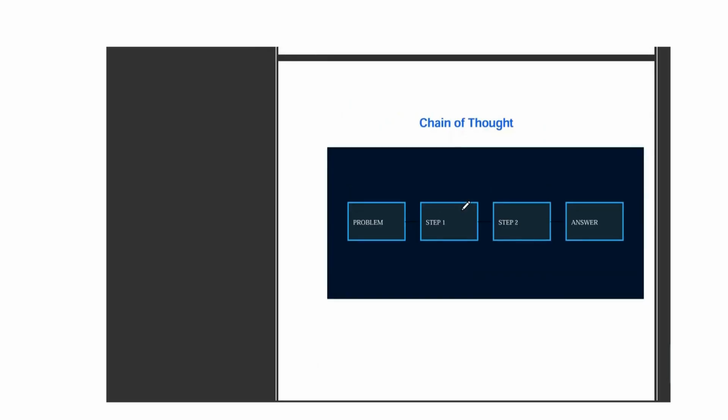Now let's talk about one of the most important prompting techniques, a very powerful technique. That is the third one, chain of thought. This sounds technical, but you have actually seen it before. Think about your maths teacher. When solving a problem, do they directly jump to the final answer?